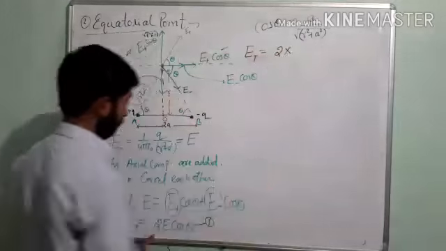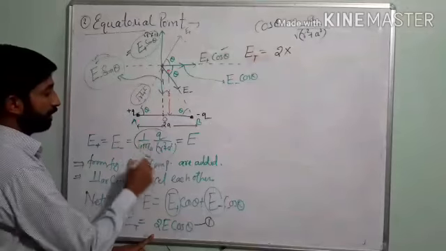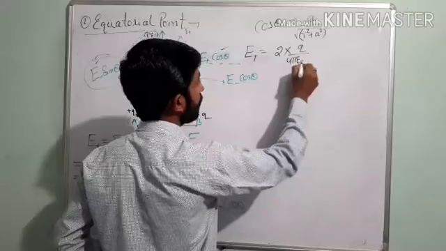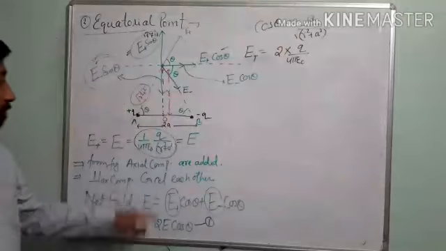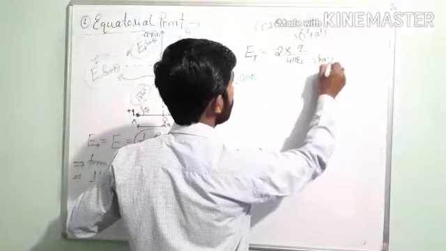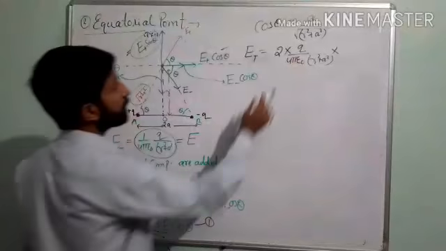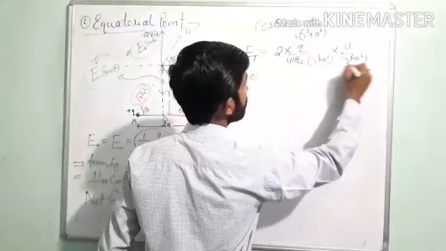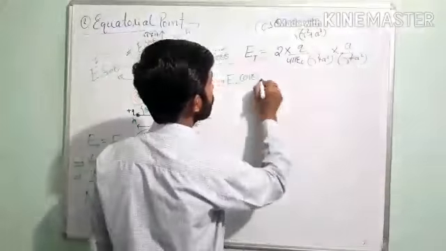E total is equal to twice of E. What is the value of E? It is Q upon 4 pi epsilon naught, and R square plus A square. That is the value of E. Now cos theta equals A over root of R square plus A square, right?